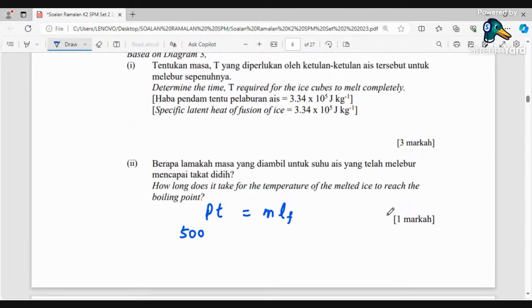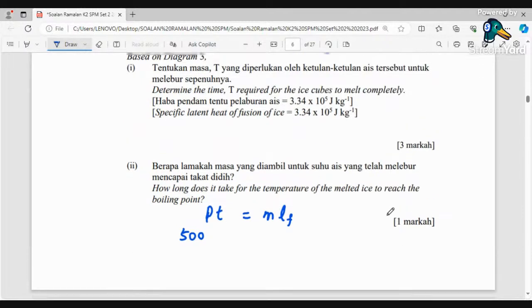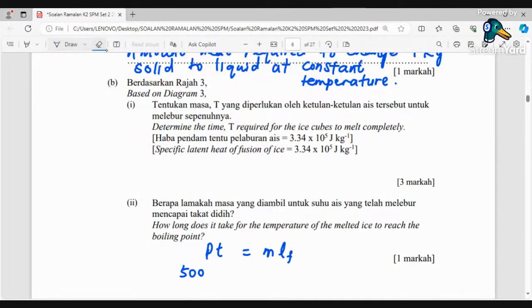Soalan ini. Saya tulis sama sekejap ya. Ini soalan ini. Okay, heat supplied by heater equals to latent heat absorbed by water, by the ice cube. Okay, 500.